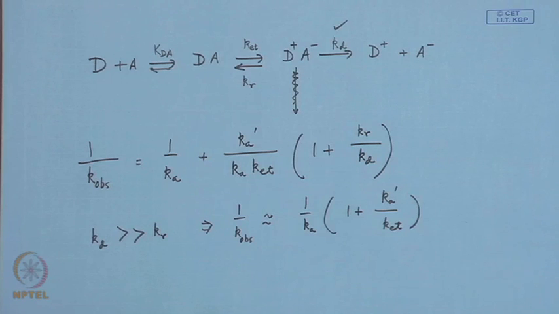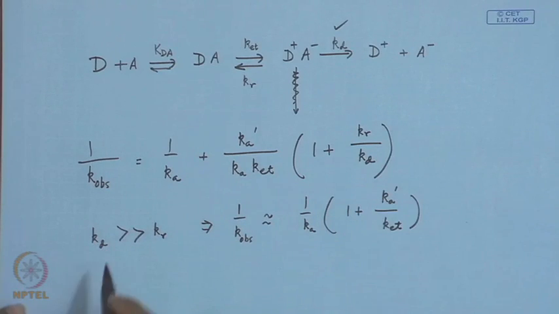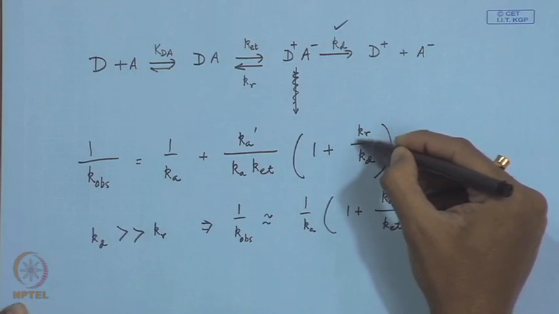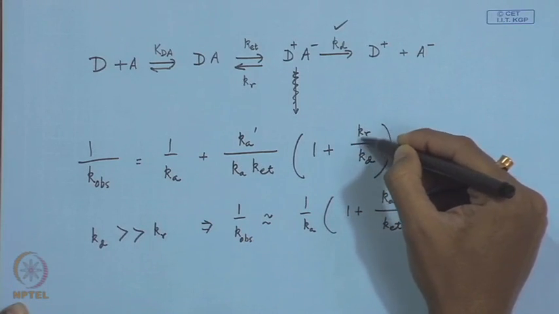From the full expression you get this with the idea that Kd is much greater than Kr, meaning Kr by Kd is negligibly small.